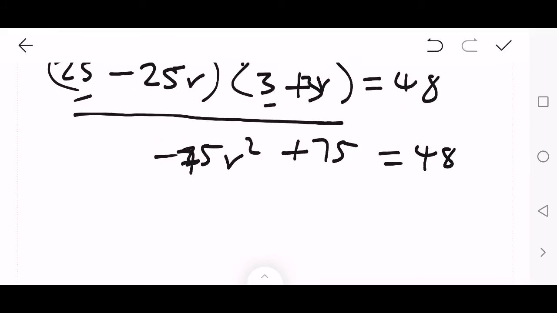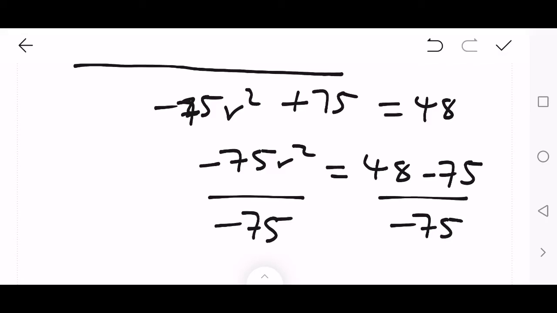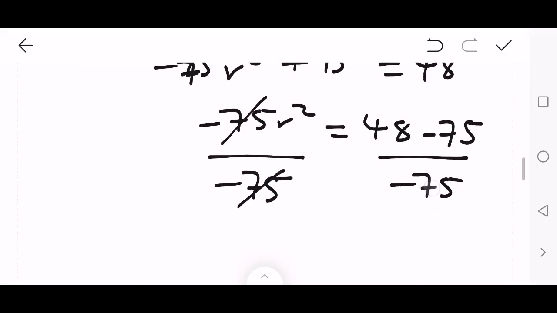So we have minus 75 r squared equals 48 minus 75. Divide by minus 75, divide by minus 75. So we can cancel 75 here, and we'll be left with r squared equals 27 over 75.